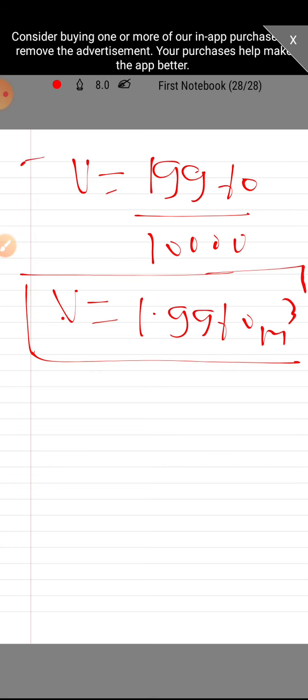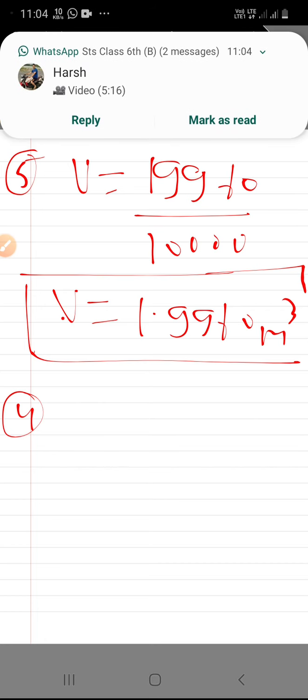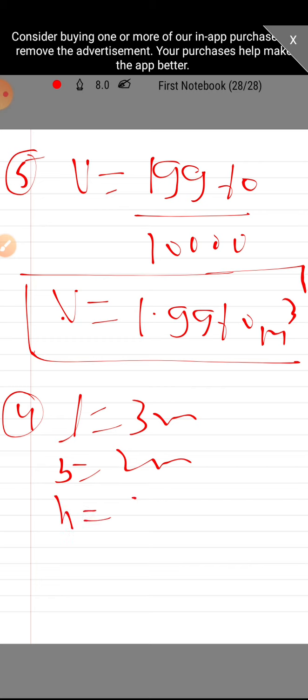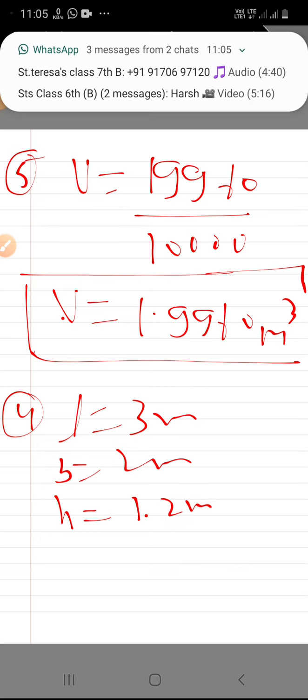So this is your question number 5. Now I will go back to question number 4, which was left by mistake. In this particular question number 4, an overhead water tank is 3 meter long, so length is given as 3 meter, 2 meter wide, that is breadth is 2 meter, and water is contained up to a height of, so h is your 1.2 meter.